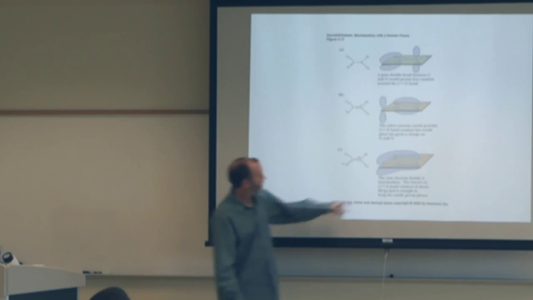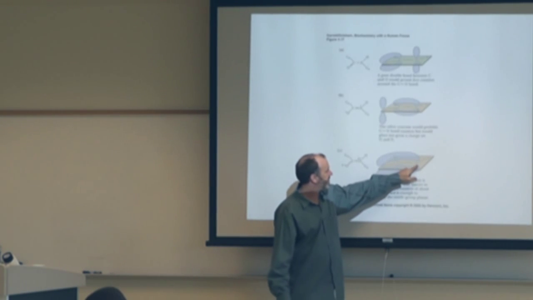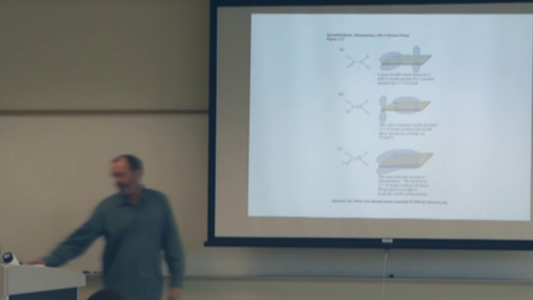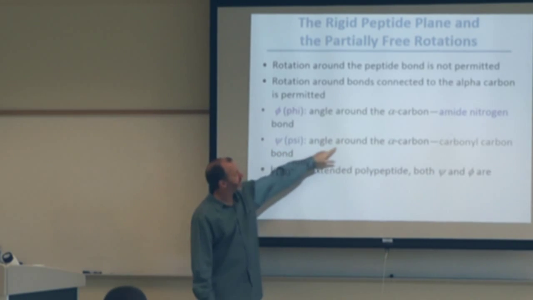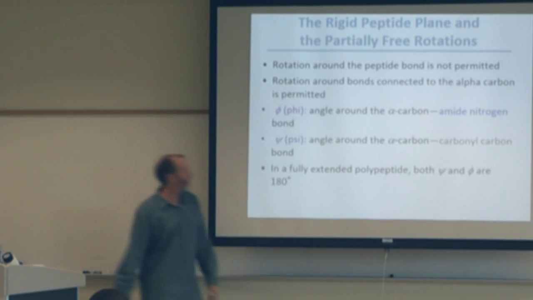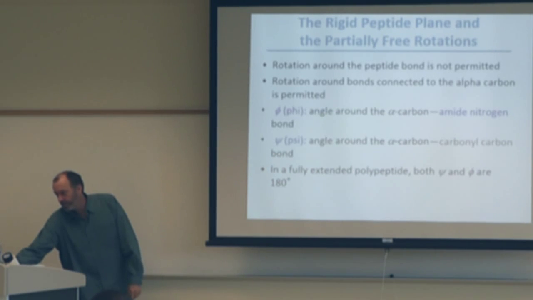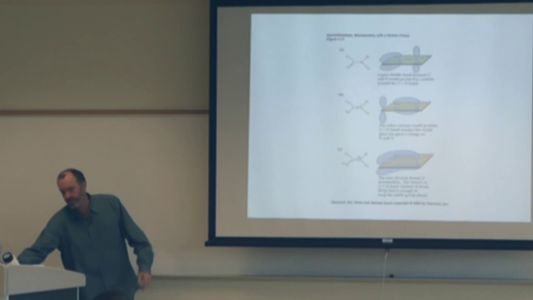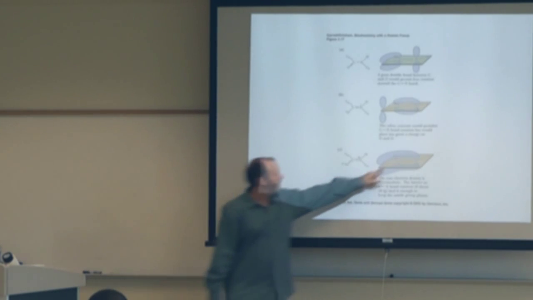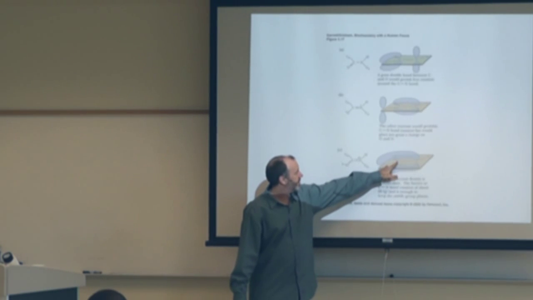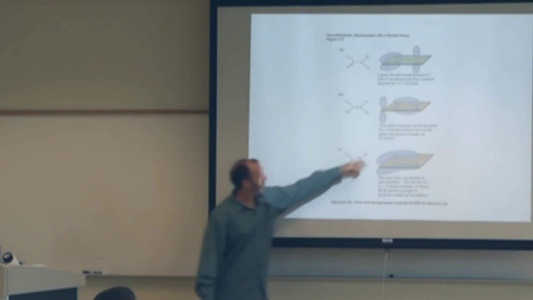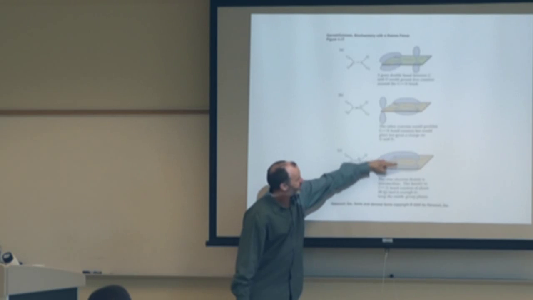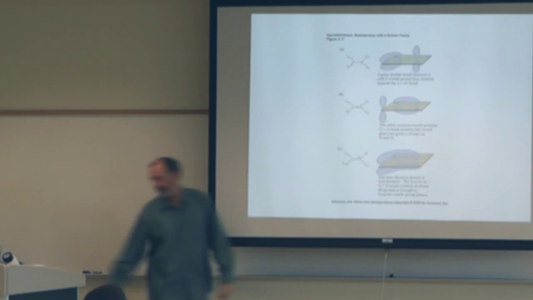And then your other angle is the psi, which is the angle around the alpha carbon and a carbonyl carbon bond. This is the alpha carbon and the carbonyl carbon that's involved in the peptide bond. So this would be your psi angle, and this would be your phi angle.